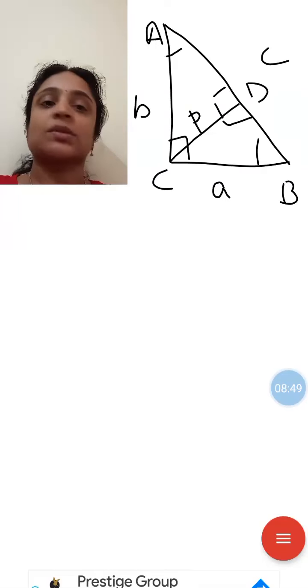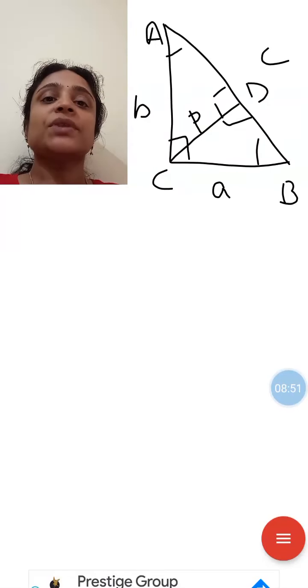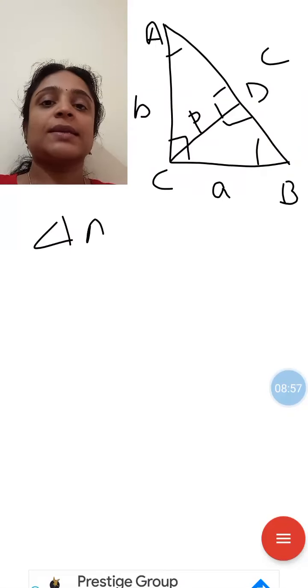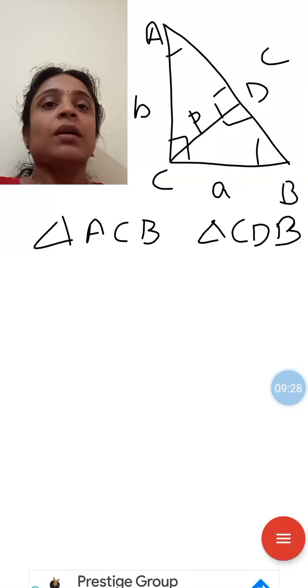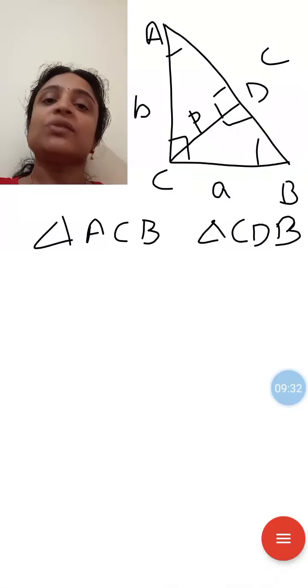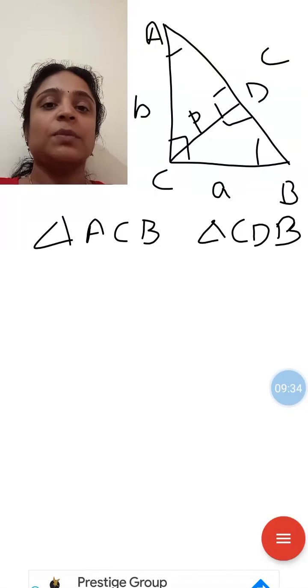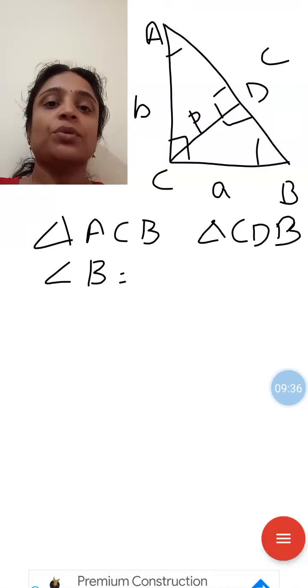Here, consider the triangle ACB and triangle CDB. We have to prove that these two triangles are similar. In triangle ACB and triangle CDB, angle B equal to angle B because they are common.